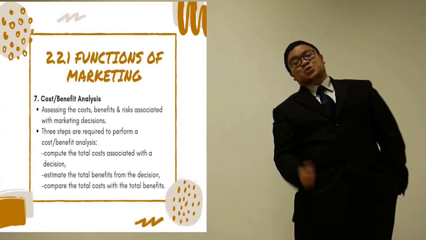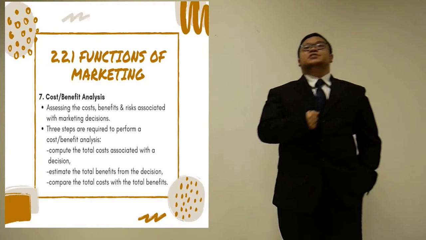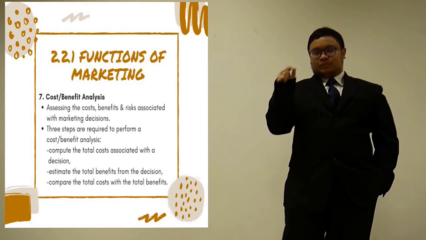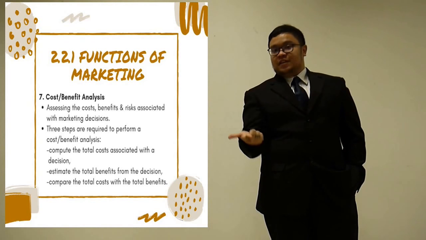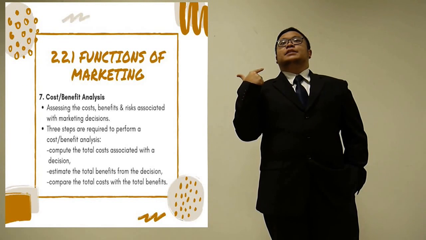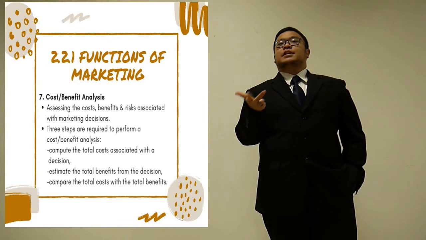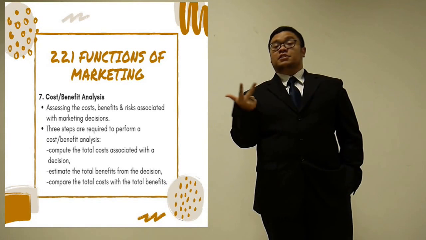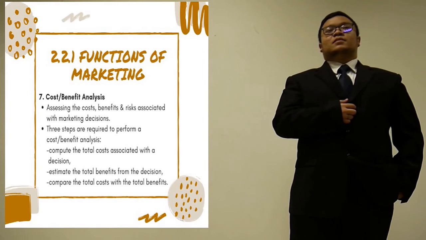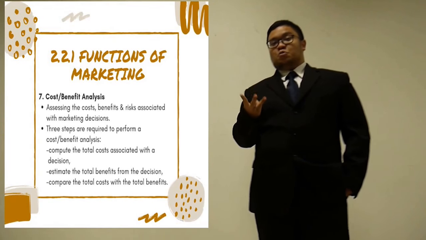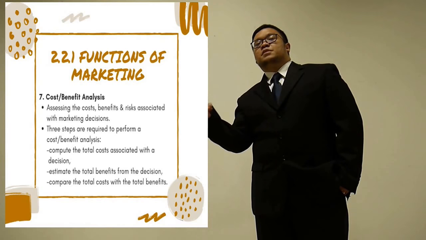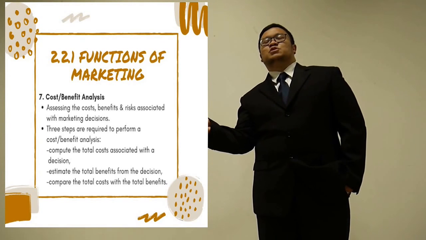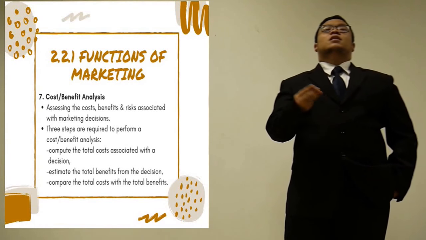All right, the last one is cost benefit analysis. The function of it is assessing the cost, the benefit, and the risk associated with a marketing decision. Okay, there are 3 stages required to carry out cost benefit analysis.